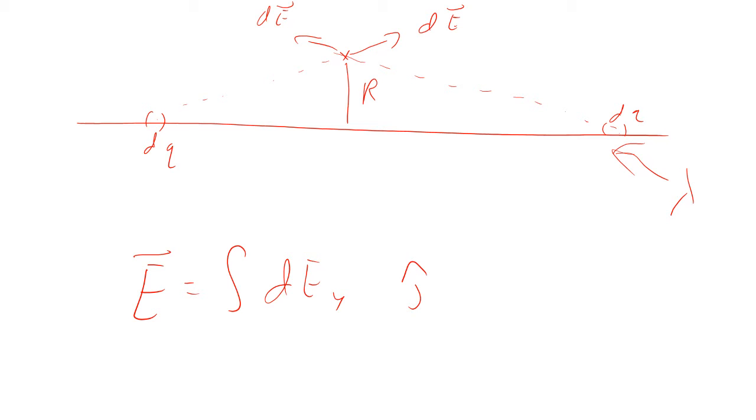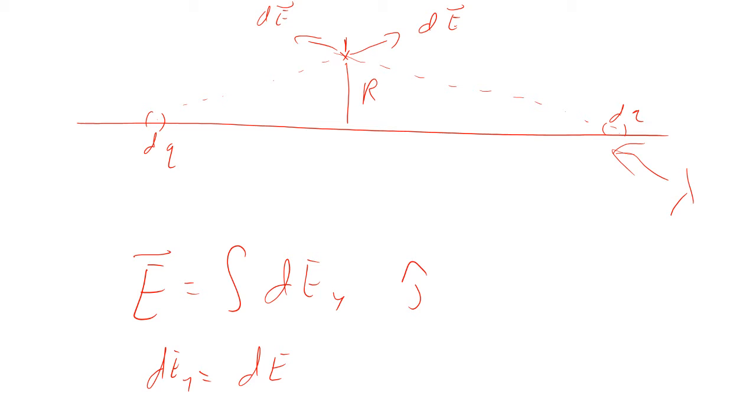So what we want to figure out is, the dEy is going to be equal to the dE times a trig function of some angle. So we just want that component right there.